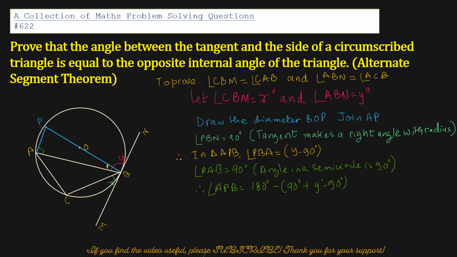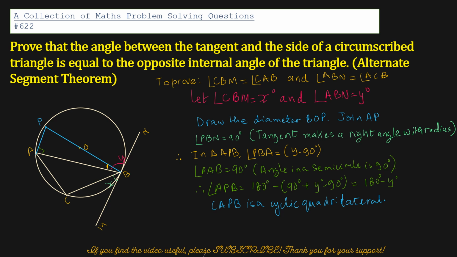Therefore angle APB, which is this angle, would be 180 minus 90 plus y minus 90, so angle APB is 180 minus y.